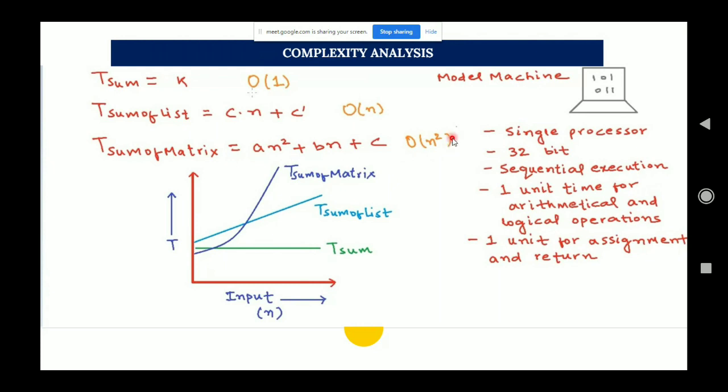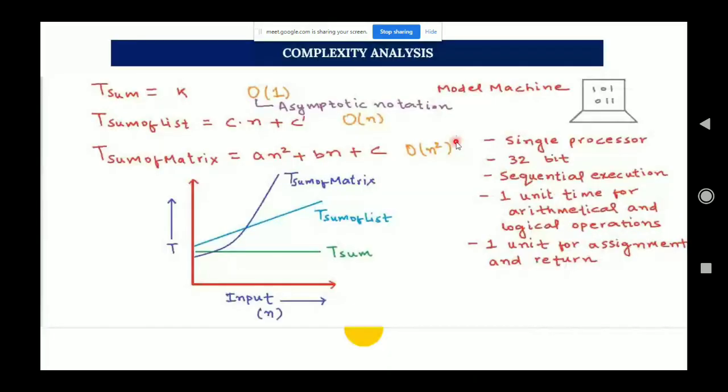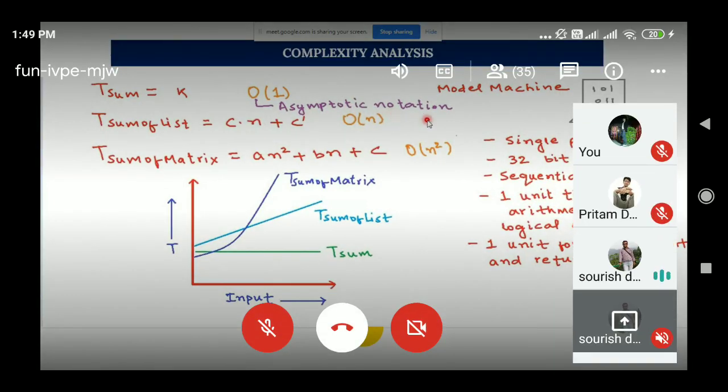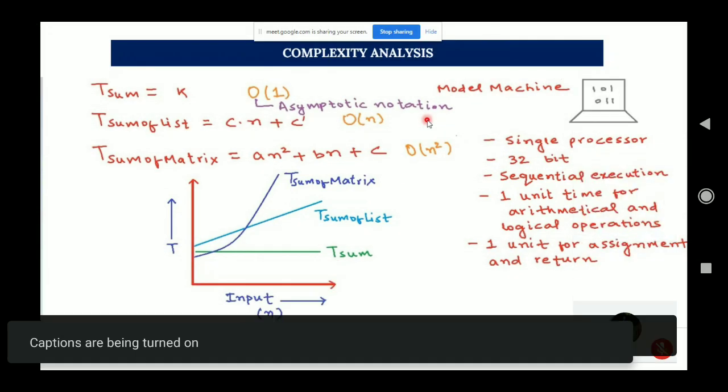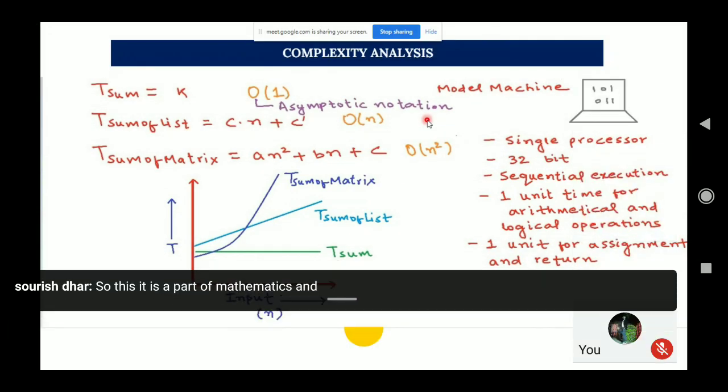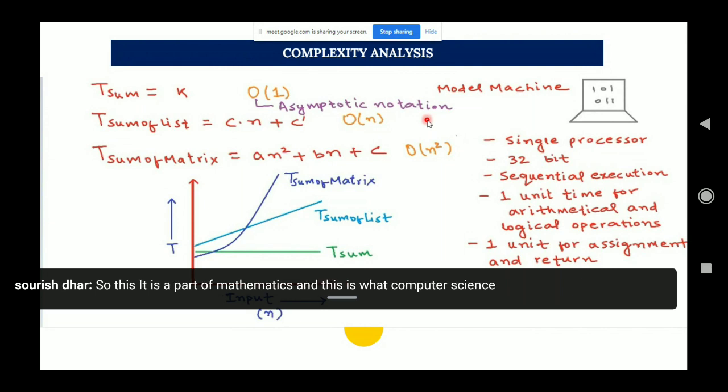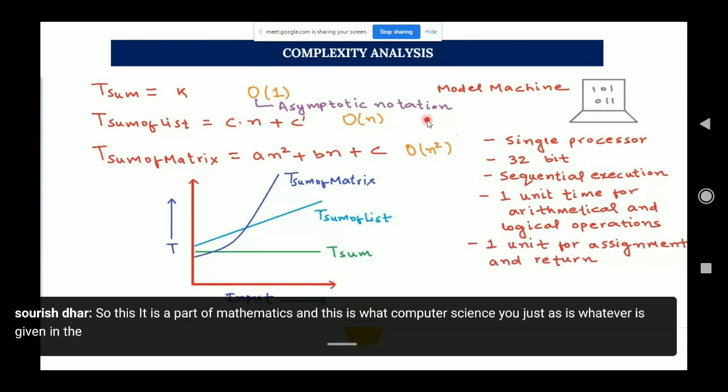These are sets where we classify similar kinds of functions. These sets are known as asymptotic notation. It's a part of mathematics, and computer science uses it as given in mathematics.